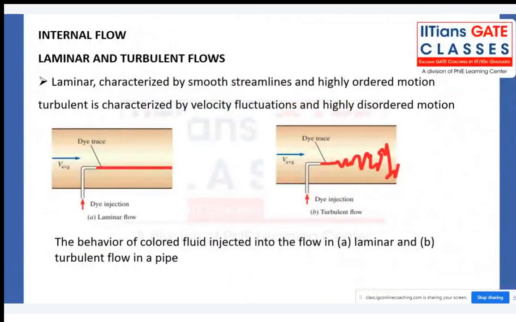So we have started our discussion on laminar flow, and we have seen the difference between laminar flow as well as turbulent flow. Here we would like to take a few more things in laminar flow.